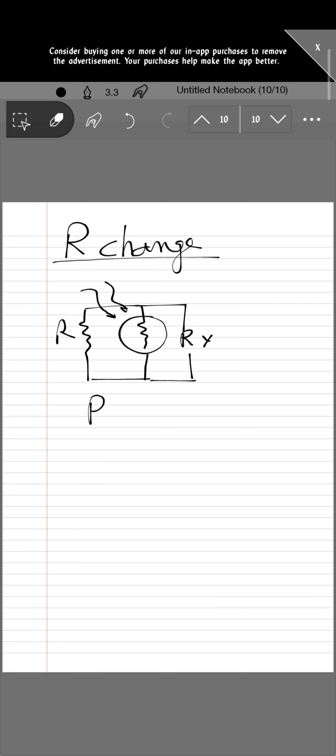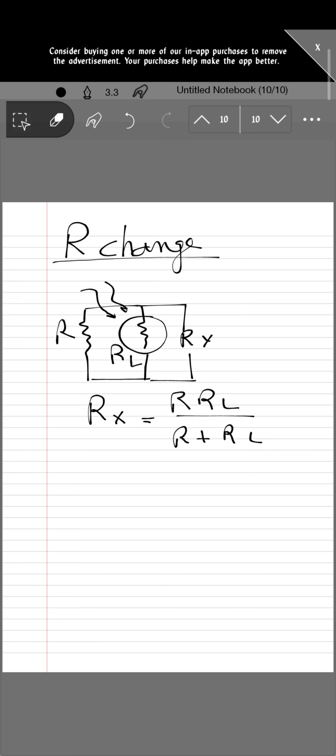So Rx is equal to R times RL divided by R plus RL, where RL is the photoresistor.